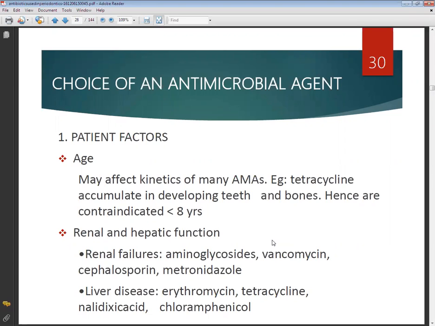The second patient factor is renal dysfunction. Whenever the patient has any systemic history related to renal or liver disease: in renal failure patients, aminoglycosides are usually avoided. If the patient has liver disease, then erythromycin and tetracycline should be avoided.